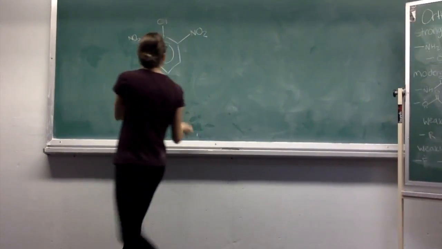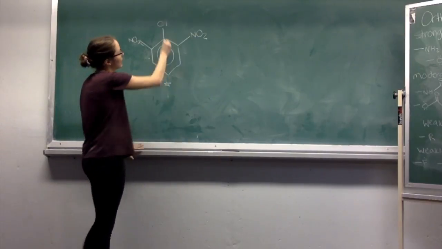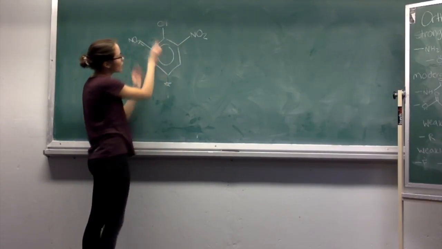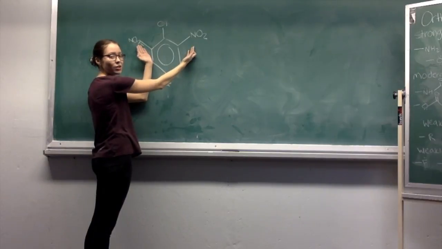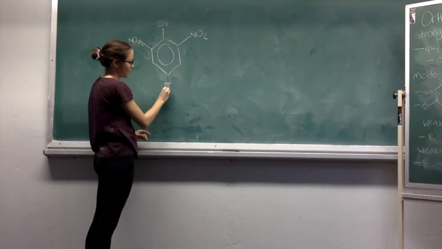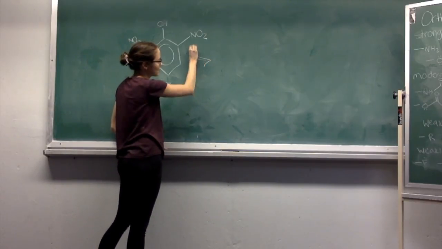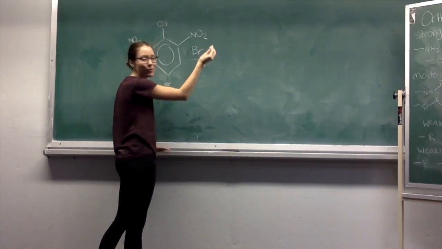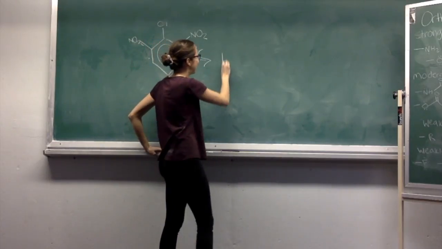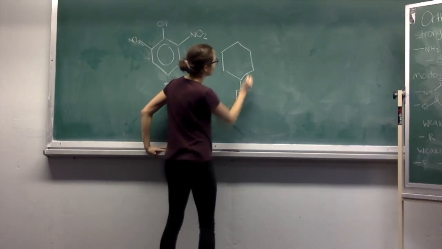Now, typically, it could go to the ortho position or the para position. However, if you look at both of the ortho positions to chlorine, they're already taken. So it's going to have to go down to the para position, which will give us, let's throw in a bromine once again, this product.